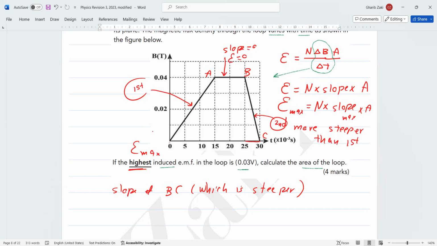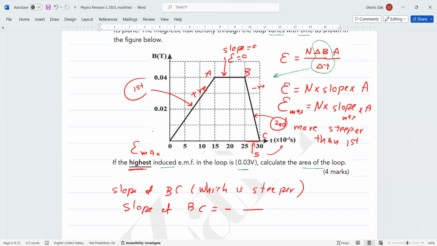The horizontal change from 25 to 30 is 5, but multiply by 10. Then the slope of the line BC equals, but the slope is negative. Take care. The slope of the first one is positive, but in this one, it's a negative slope. So it's negative.